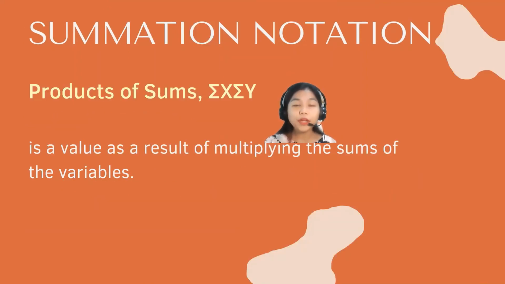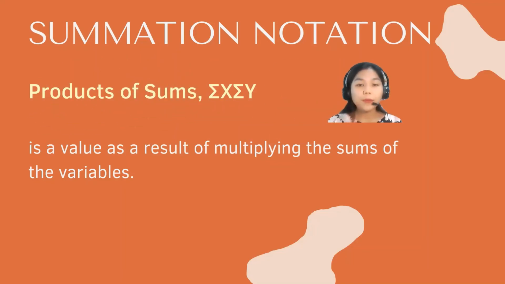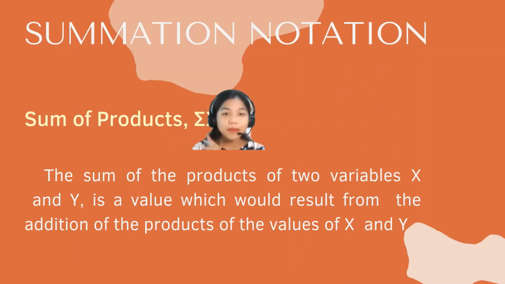By the way, product of sums, we call this as POS, while sum of product is SOP. So another difference here is that for the sum of products, we could only notice one sigma sign.